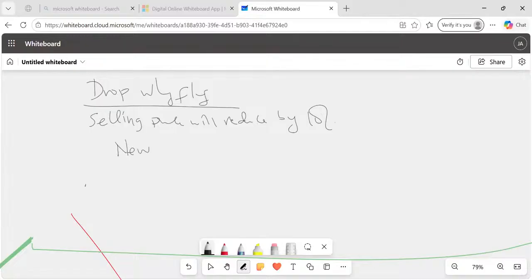You see, we are dropping Y fly to boost no fly. Because they have told us we drop Y fly in favor of no fly, and to be able to sell more units of no fly, we shall reduce the price by 10%.